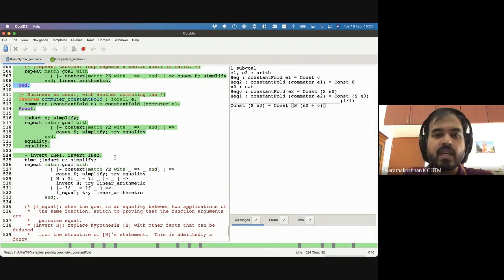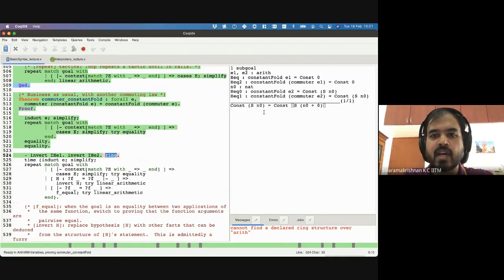So we've arrived at this stage, but we are still not done. The ring tactic will not make it go through, because this is not a pure arithmetic expression. Typically, ring would have solved this, because this is just s of n0 and s of n0.